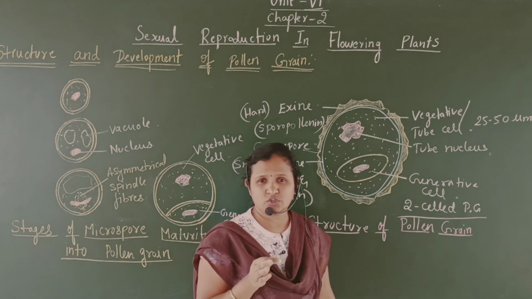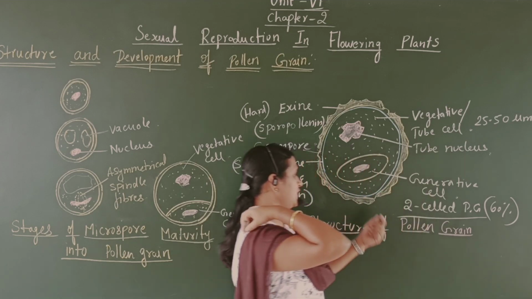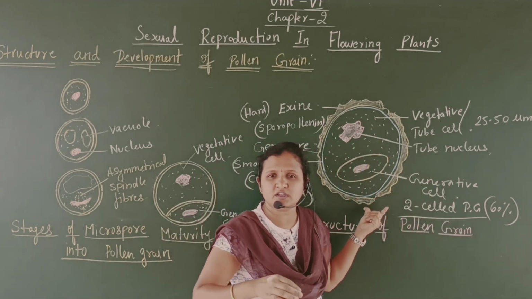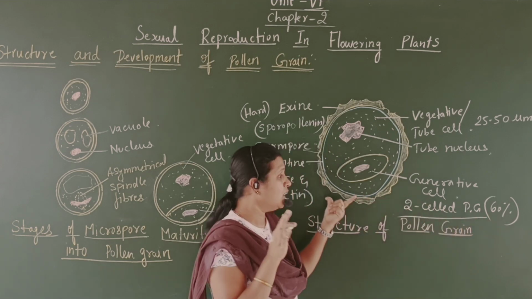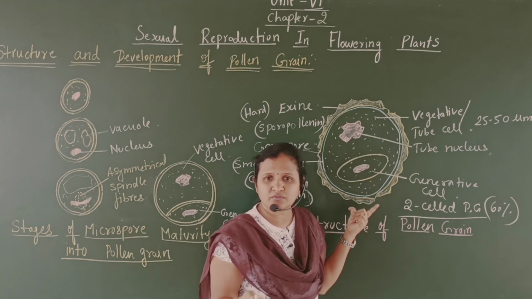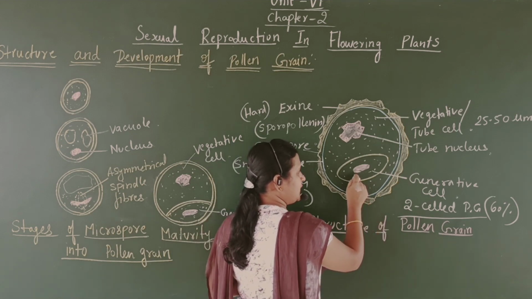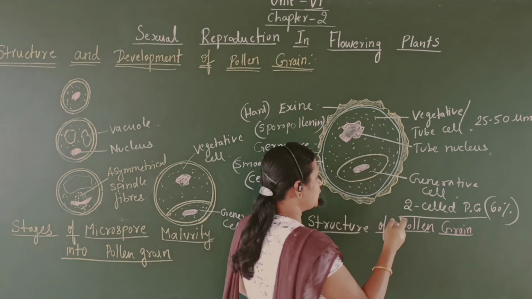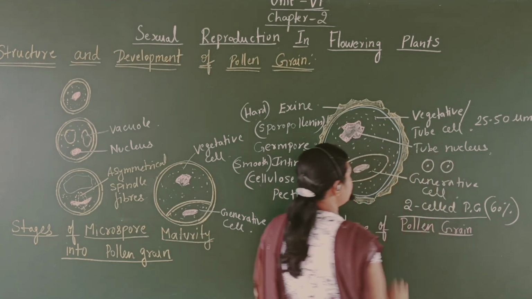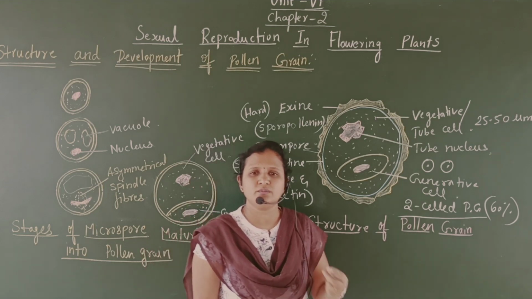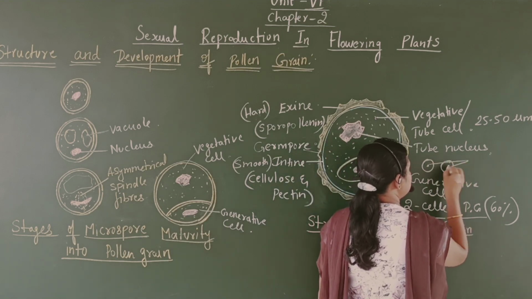In the majority of angiosperms, that is in 60% of angiosperms, the pollen grains will be released in this stage. The pollen grain comes out from the anther in this two-celled stage. And what about the other 40% of angiosperms? In 40% of angiosperms, the generative cell undergoes one more mitotic division and forms two cells, which are called male gametes.